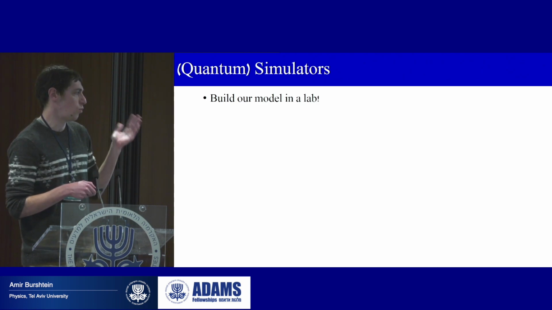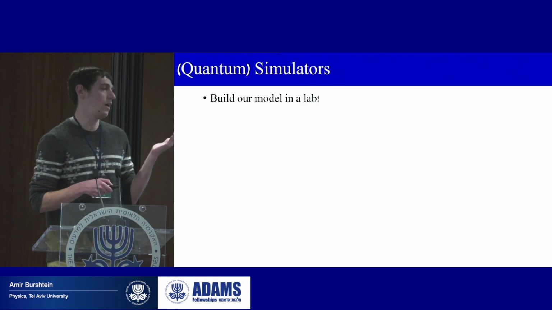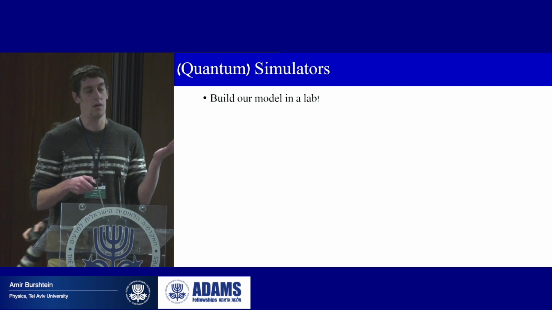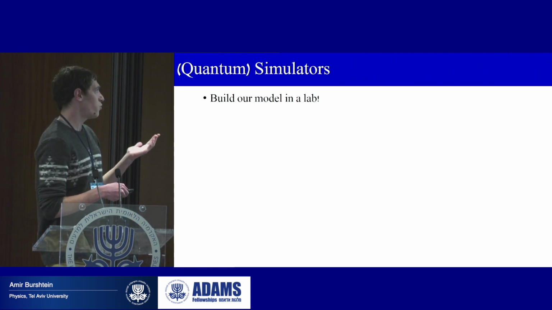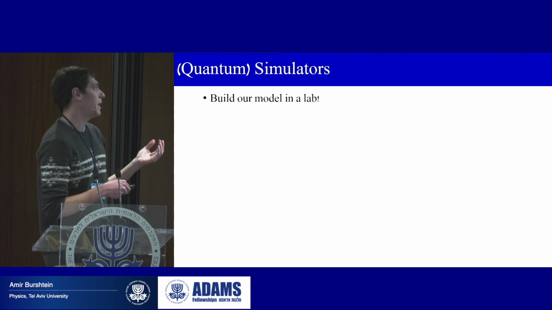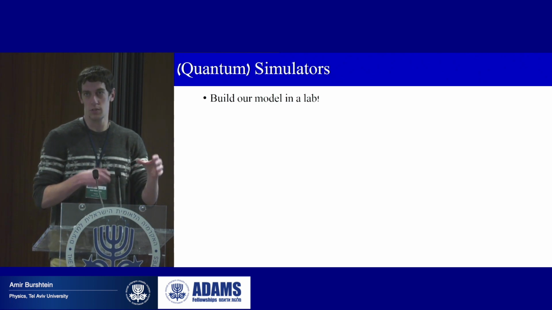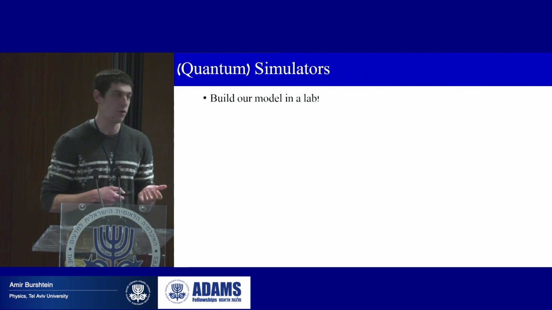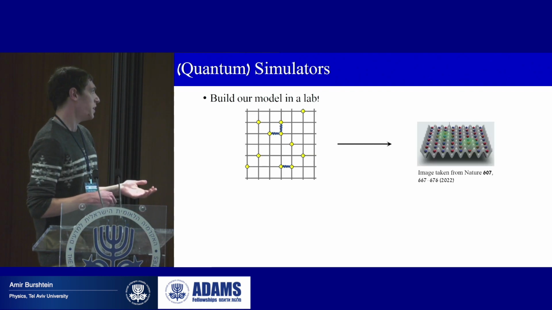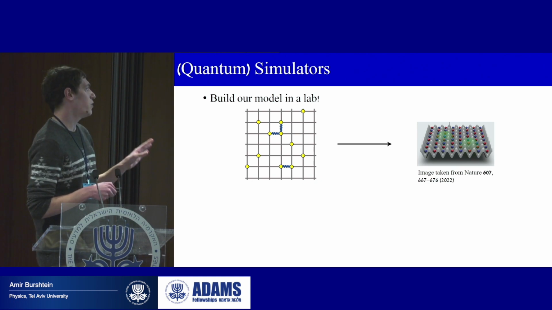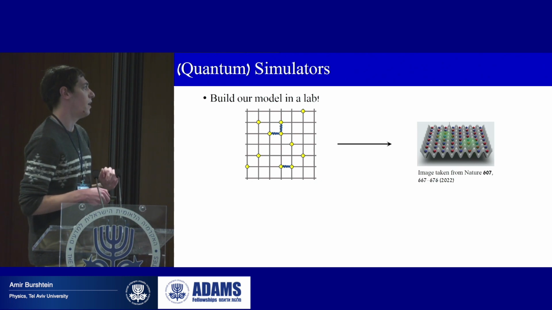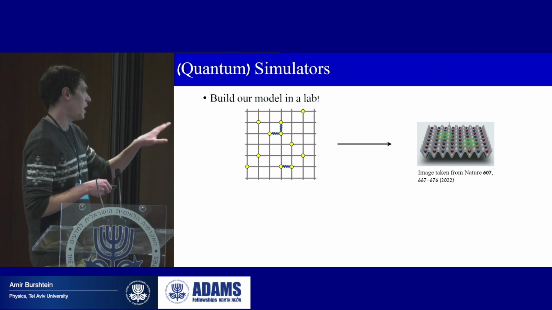The idea is that we have a model. Our system is not the model. Our model hopefully describes the system, but the system is not the model. So what we can try to do is actually take our model and implement it in a lab. This is kind of reversing the order. You take this simplified model and try to implement it as is in a lab. For example, we had electrons that move around in a lattice.